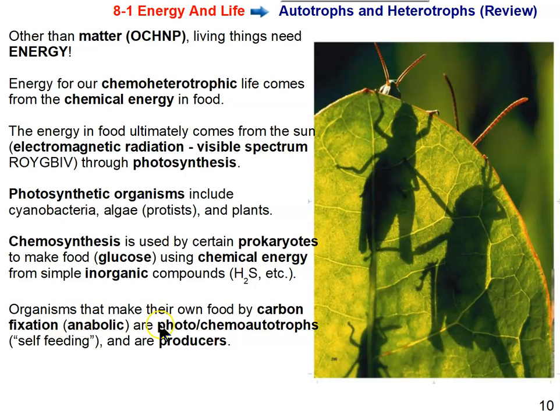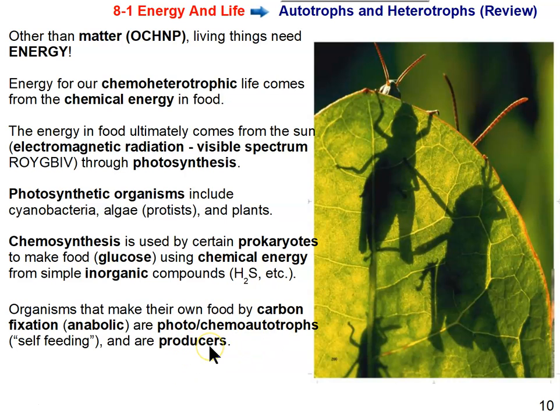And that process is known as carbon fixation, whether it be in photosynthesis or chemosynthesis. Both those forms of autotrophic organisms are fixing carbon. So these are photoautotrophs or chemoautotrophs, self-feeding, and they're the ones that are producers.